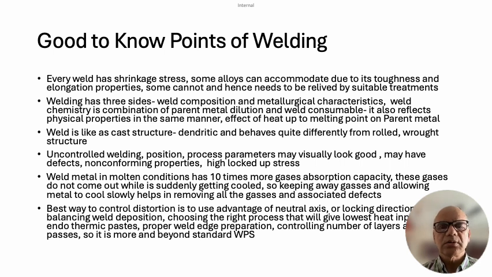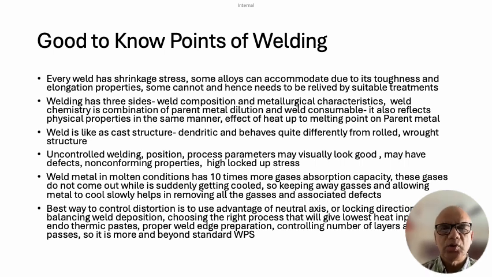Plus the parent metal is going to melt, plus the consumable is going to melt. So the resulting chemistry after anticipated dilution from the parent metal and the burnout of the consumable, we will understand what is the metallurgy which we are likely to get. And if this metallurgy falls into one of the known materials, then the properties will be known.